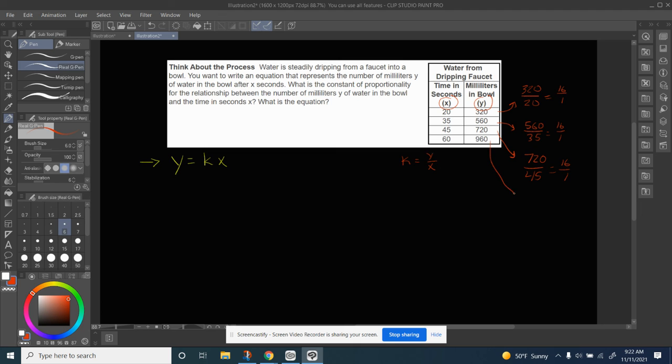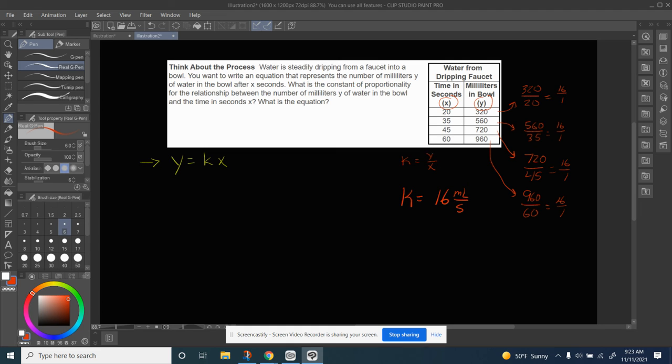And last but not least, we want to double check that 960 divided by 60 is also going to be 16 over 1. So we have found that there is a constant of proportionality. We guaranteed it by checking all of our work, and we found that the k value equals 16. So that's 16, again, milliliters per second.